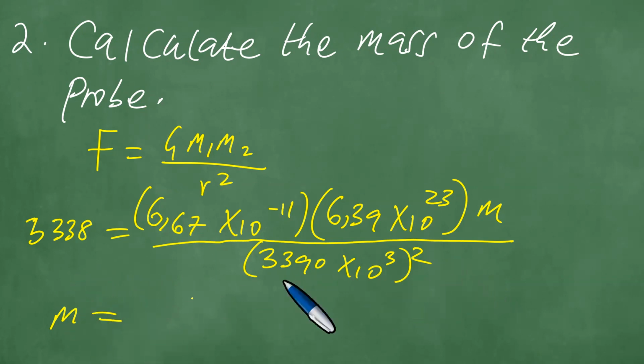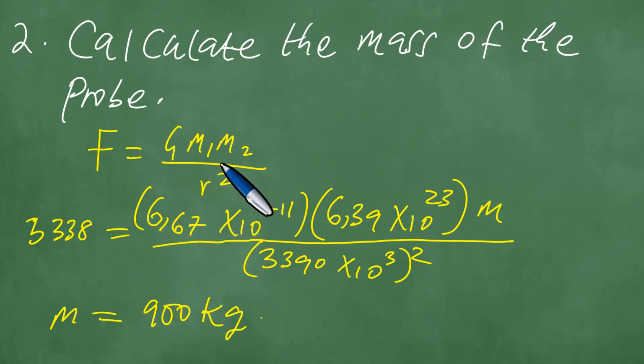We make M the subject. If you make M the subject, you cross multiply this to this and you divide on a calculator and you'll see that the mass of the probe is 900 kilograms. So the mass of the probe is actually 900 kilograms.